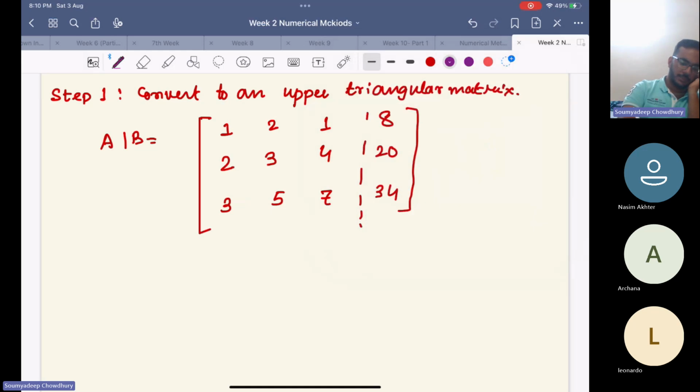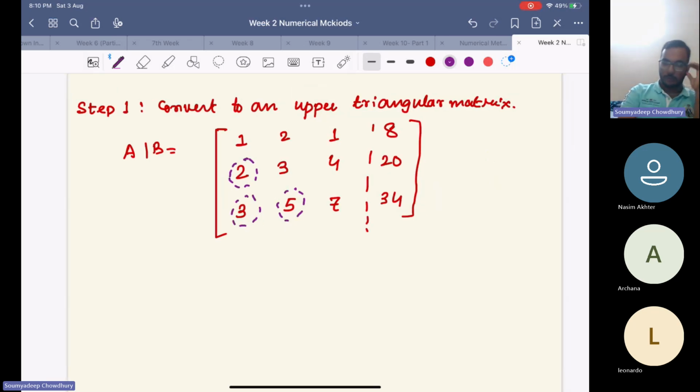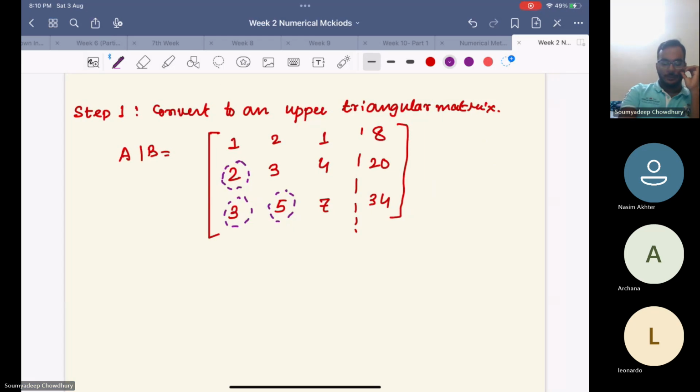This element I have to make 0, this element I have to make 0, and this element. If I can make these three elements 0, then my matrix will be an upper triangular matrix. You know the row operations, right? We operate on the rows and make these elements 0. This is row 1, this is row 2, and this is row 3.